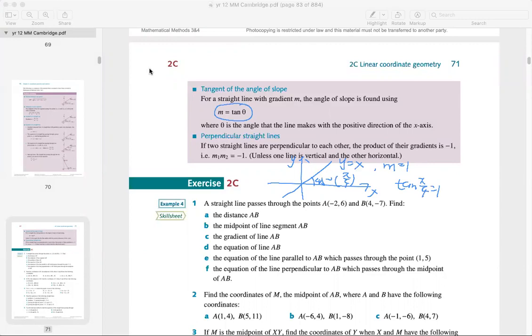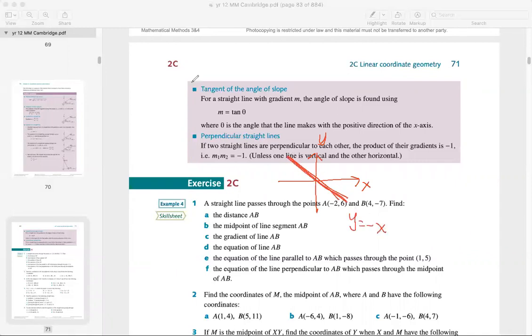And we have another example over here. If I got my straight line looking like this one, sorry, y equals negative x. So this angle is 3 pi on 4. So tangent 3 pi on 4 is -1. Of course, it's going to be the same as m. Okay? So make sure theta is the angle that the line makes with the positive direction of the x-axis.